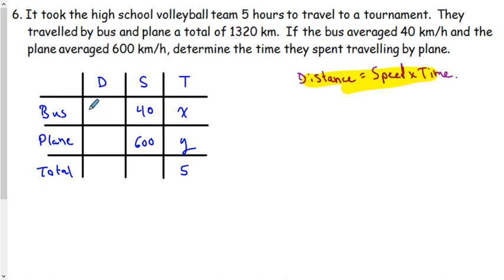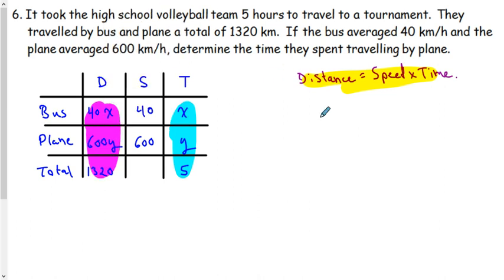So our distance is speed times time. Speed times time. And what's our total distance? It's 1320. So now I got my two equations, right? I got my equation right here, and I got my equation right here.